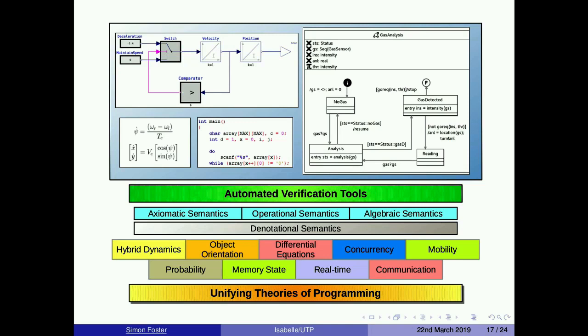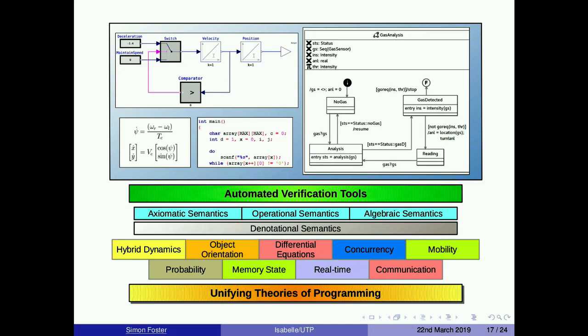And then the idea of UTP is once you have created your different semantic models, so you first of all created your building block theories, you then integrate those building block theories to produce denotational semantics and other kinds of semantic models as well. And then you use those semantic models to build automated verification tools for a variety of different paradigms, or to link together existing tools at the semantic level.